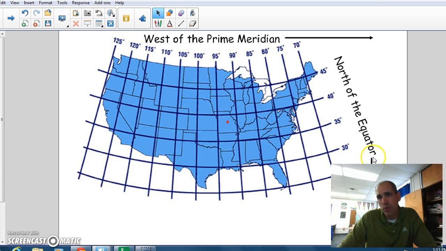We are north of the equator, as you can see over here. That's what these lines mean. So this would be 40 degrees north of the equator. This is 35. So we're kind of in between there. I would call that 38 degrees north latitude. And then if we look at our meridian lines, or our longitude lines, we can see that we are between the 90 degree line and the 95. I'd call that probably 93 degrees.